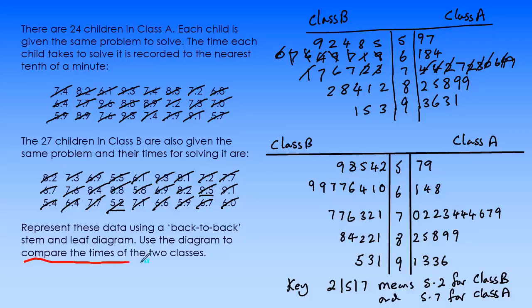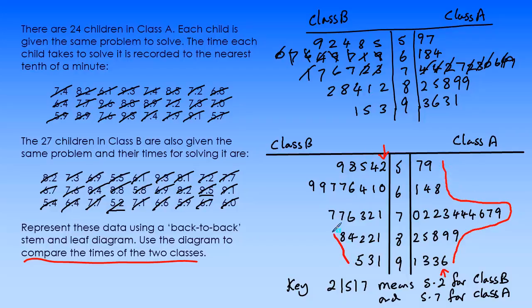Now we want to compare the times of the two classes. Well, we have the actual data values, so we can make statements like Class B had the fastest time of 5.2 and Class A had the longest time of 9.6. But the whole point of spacing things nice and equally is we can also see the distribution like a bar chart.